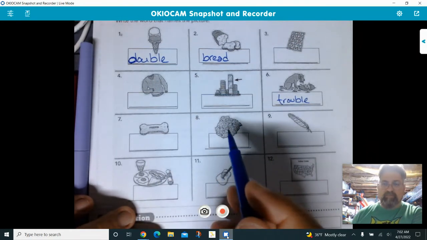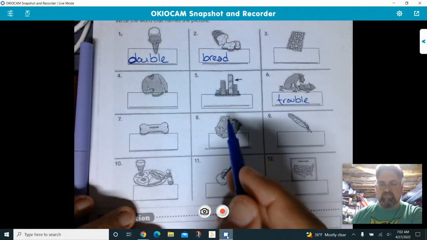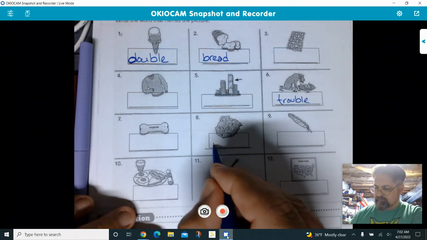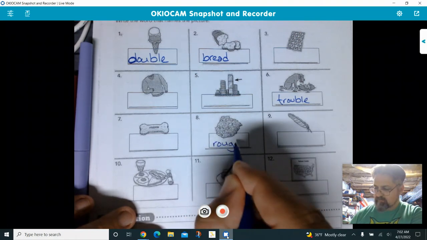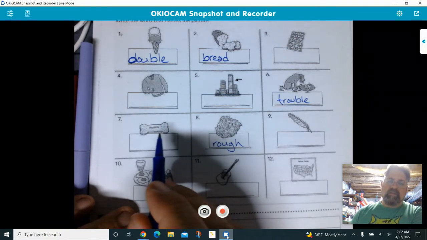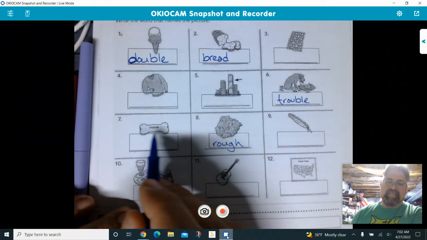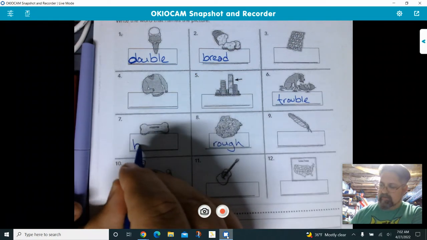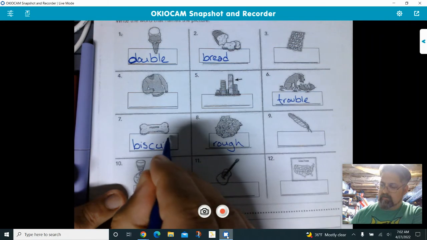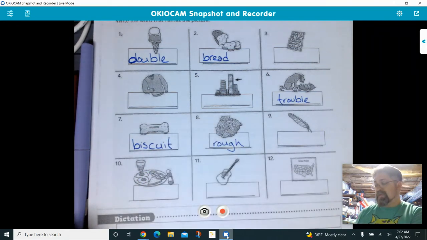Well, the paper is obviously, but if you were rubbing your finger over this rock or whatever this is, it would feel very rough. This is a dog biscuit. Now, the rest of these I think you can figure out. You could have figured out bread too, but I just went ahead and did it anyway.